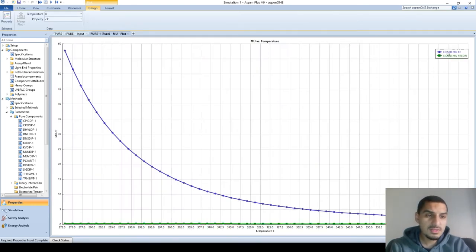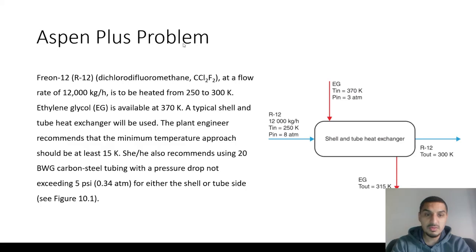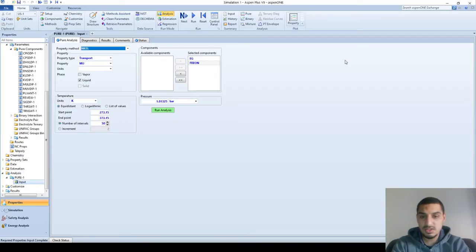From this you'll see that the liquid ethylene glycol has higher viscosity. It's way higher than the viscosity of Freon, which means that the ethylene glycol is better routed in the shell. And this agrees with what we said before, because we said that the Freon will be in the tube, so this will go in the shell, which is great.